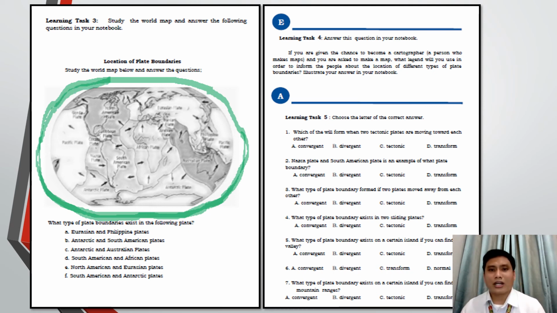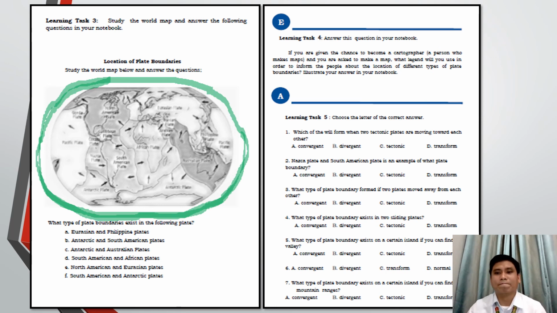And lastly, for learning task number 5, a multiple choice learning task. You are tasked to answer learning task number 5 by simply writing the letter of your answer on a separate sheet of paper or bond paper.